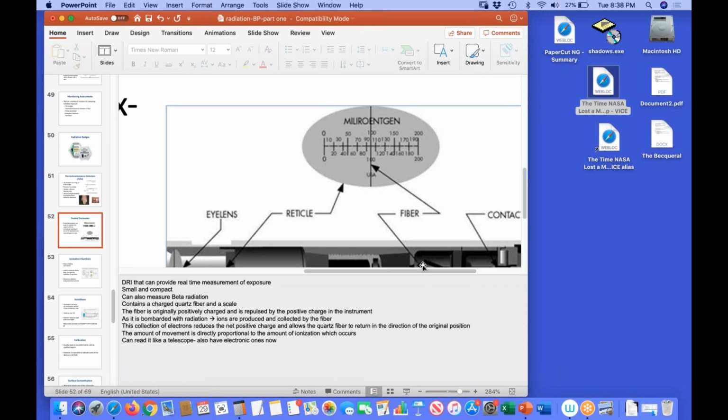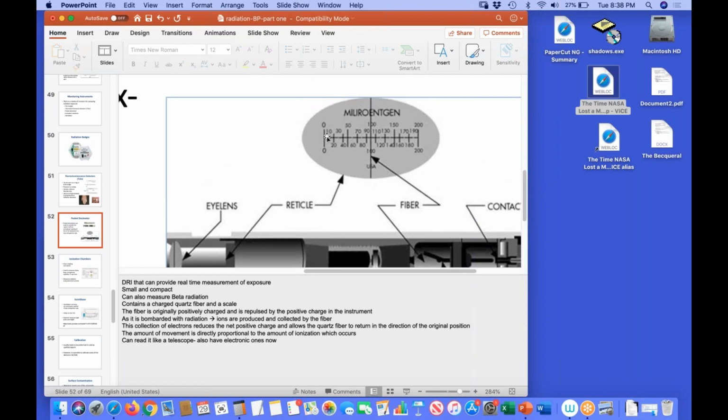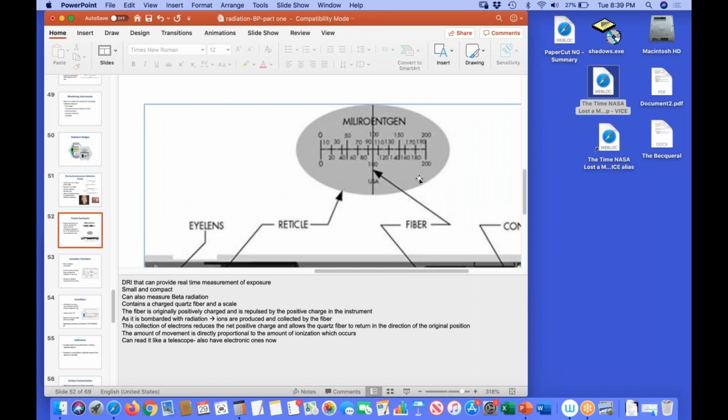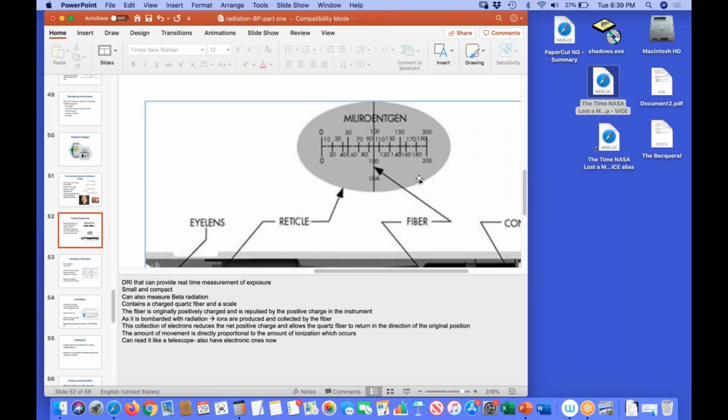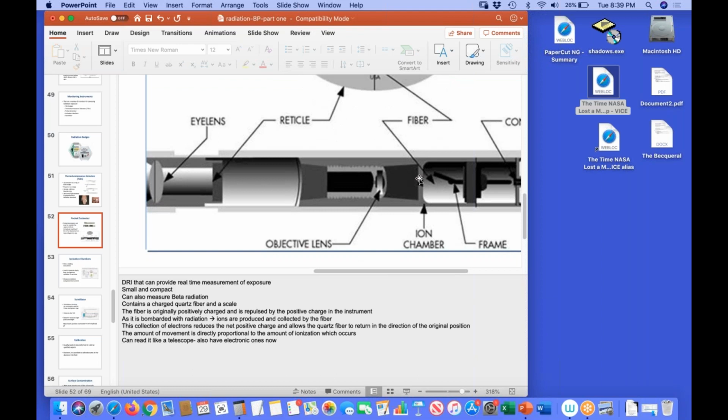There is basically a mechanical device, a contactor in here, that moves this dial over as this crystalline fiber contracts again. And you can literally periodically hold this thing up and see what your exposure has been. Milliröntgen is presumably what it's measuring. Okay, so has anybody ever seen one of these things in use?